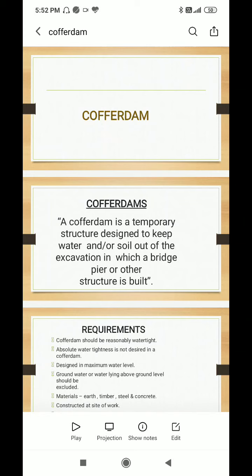Cofferdams are usually required for projects such as docks, dams and construction of bridge piers and abutments.